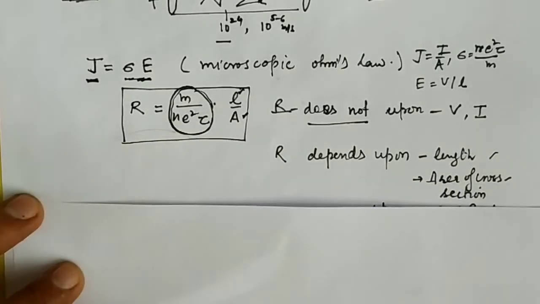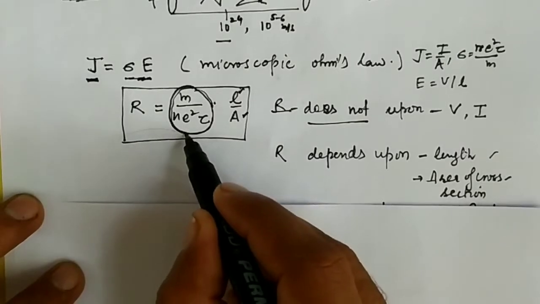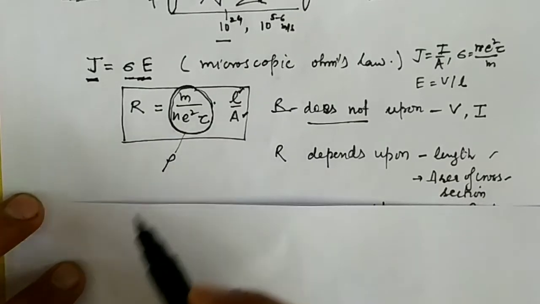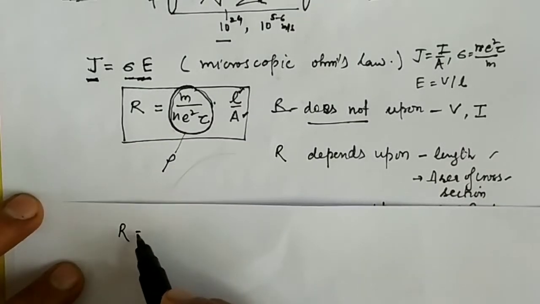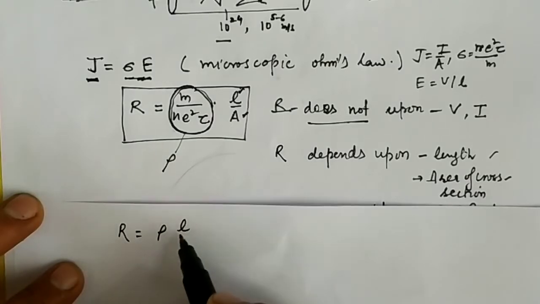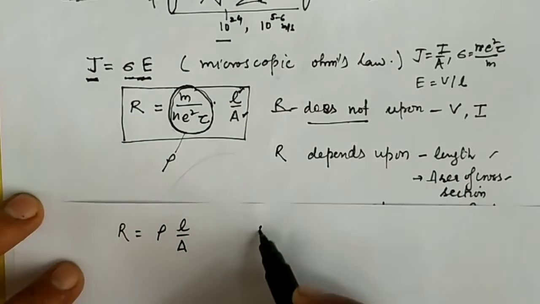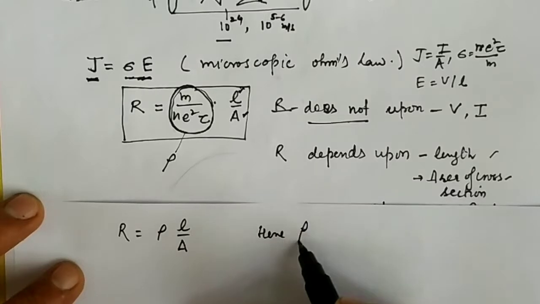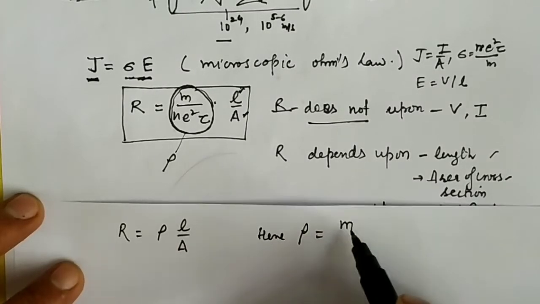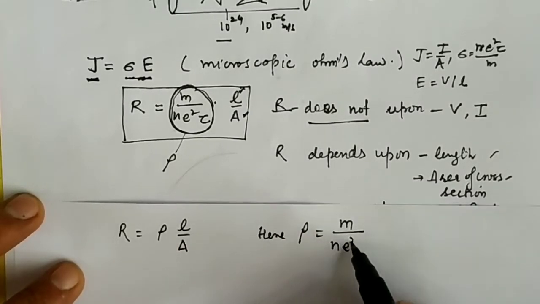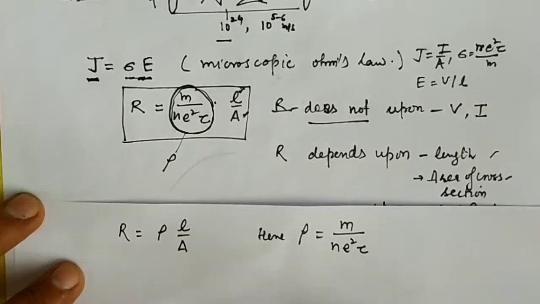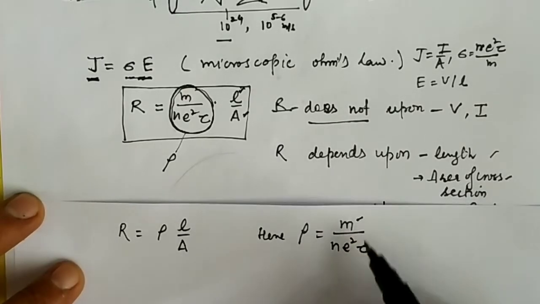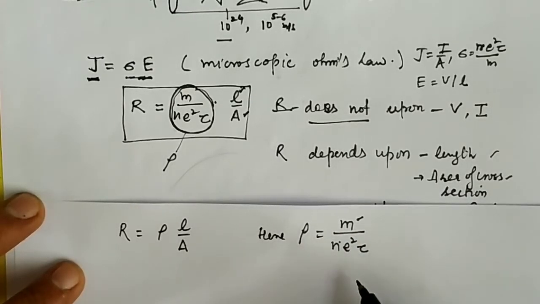And if I choose this term as rho, we write R is equal to rho L by A, where rho is m by n e square tau. Here m is the mass of electron, n is the number of free electrons, e is the charge of electron, and tau is the relaxation time.